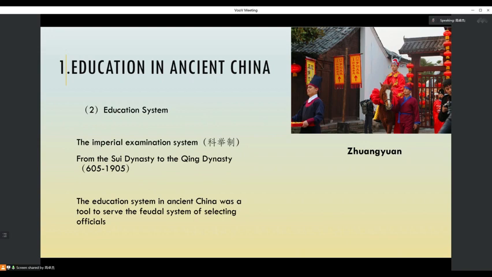But some people think the examination was founded by the Chinese. Do you know the history of examination in your country? How long? Not very long, maybe 100 years.